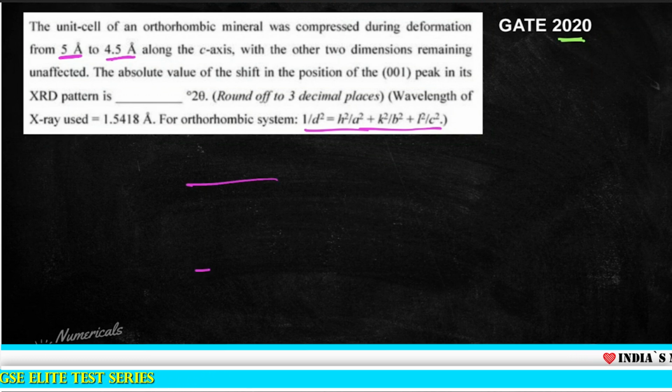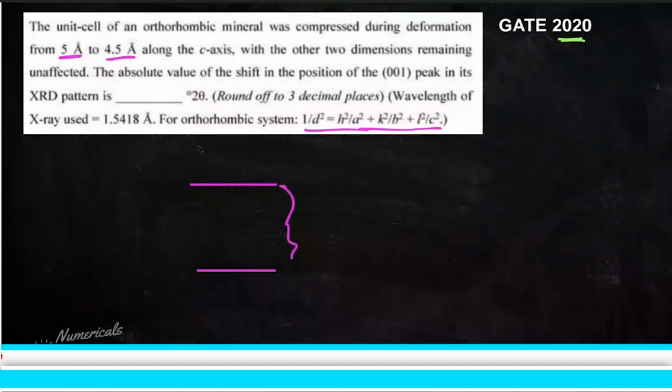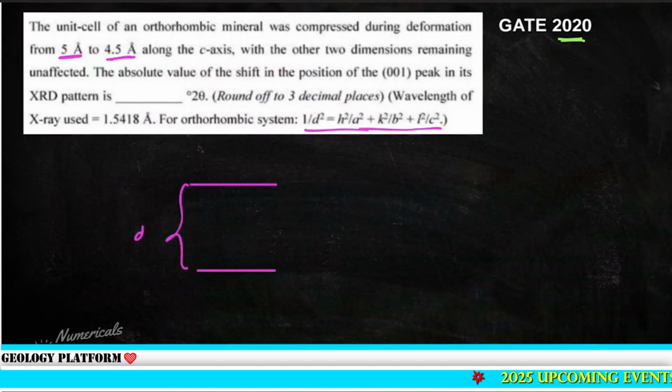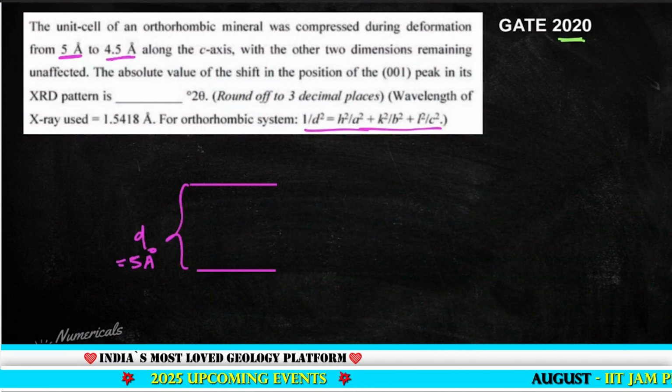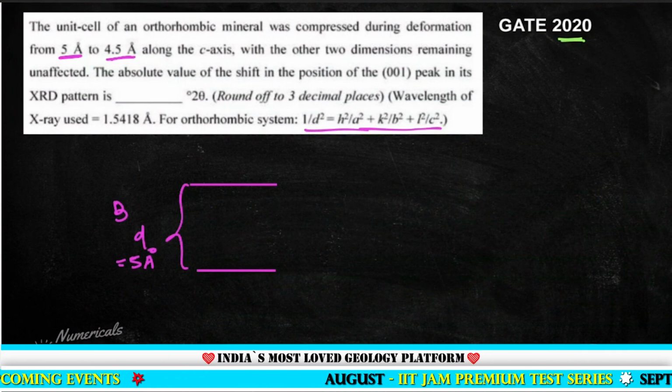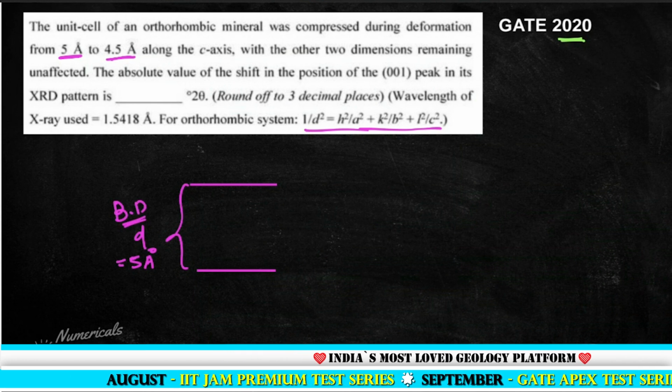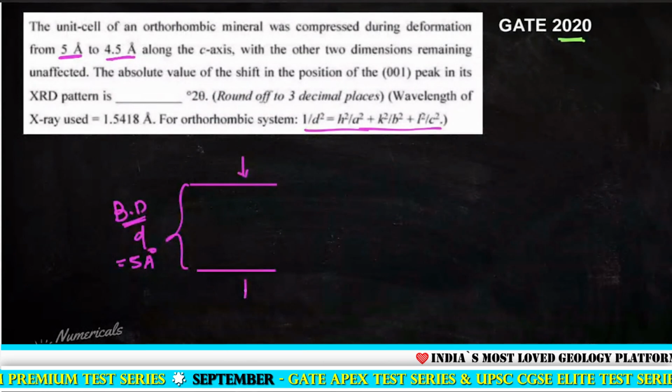So we have our plane lattices. Okay, two planes are there. So what is happening? This is the space, that is your d. How much is d here? 5 angstrom. Okay, so this is before deformation. When pressure was applied here, what happened?